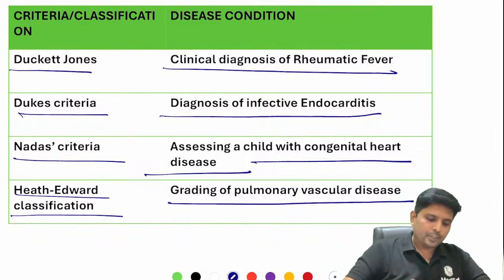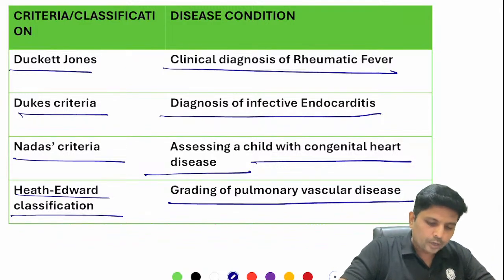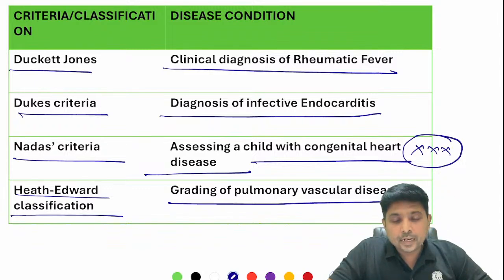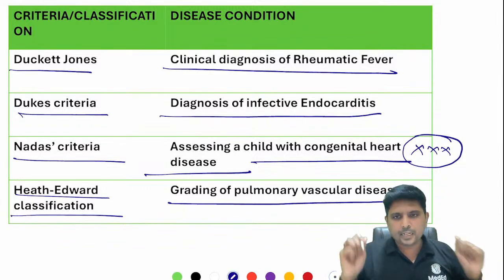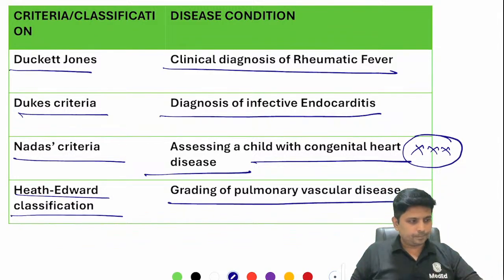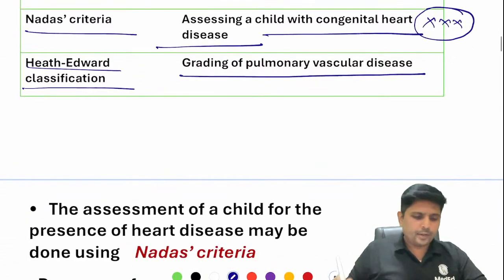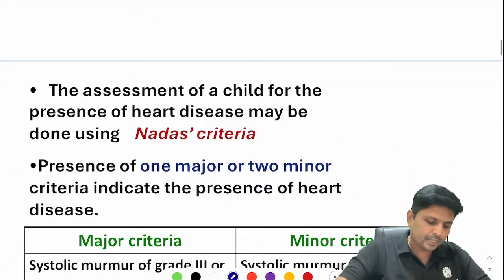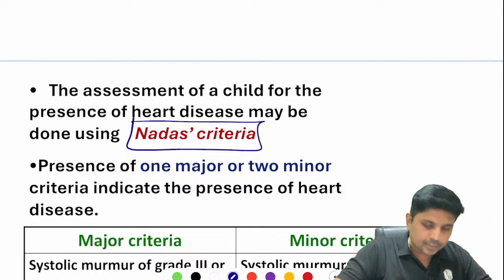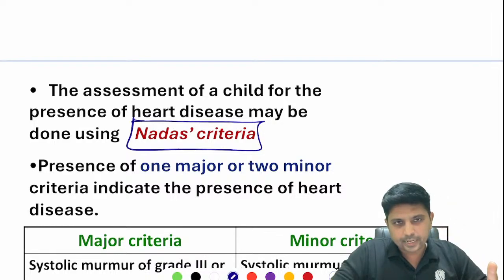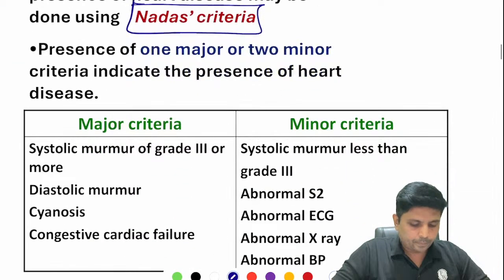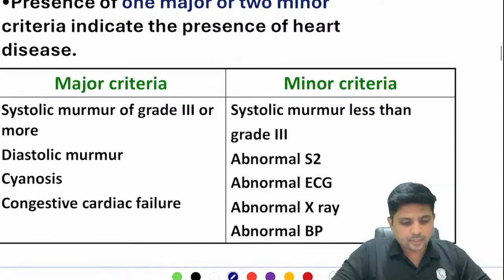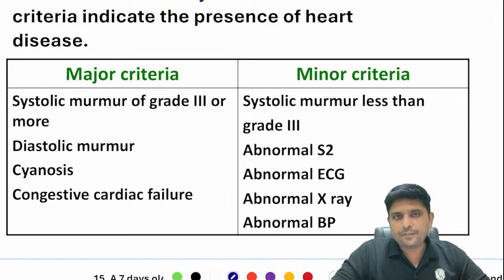Okay, now let's concentrate on congenital heart disease. Okay, baby, ready? So for congenital heart disease, what is that criteria called? That criteria is called Nadas criteria.